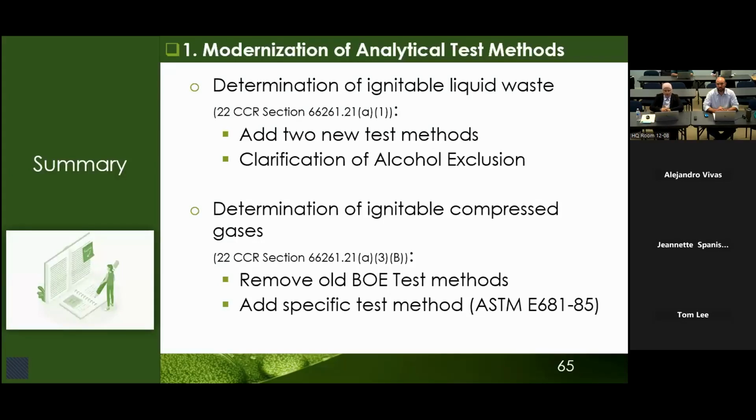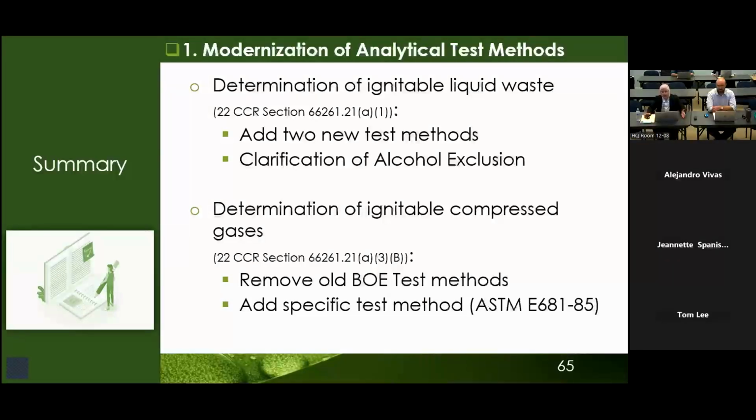Key updates include the recommendation of DTSC to modernize specific test methods, as well as the addition of 2 new test methods, clarification of the alcohol exclusion in ignitability of liquid waste subsection, and updates to standard for ignitable compressed gases.